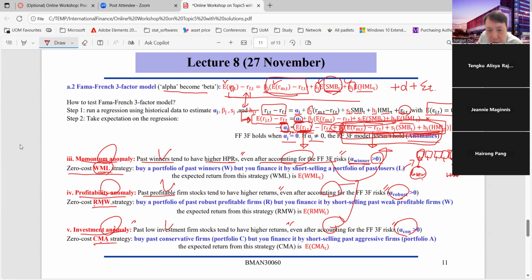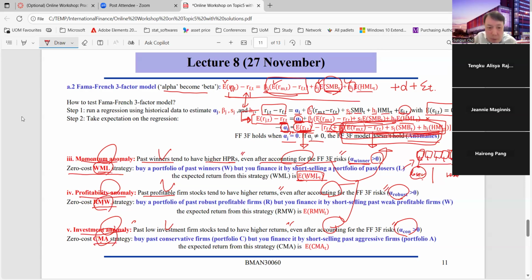The average return from that strategy will be the expectation of the winner minus loser, right? So you're gonna implement this strategy. Likewise, you can talk about how to implement the RMW and CMA strategy in the same way.